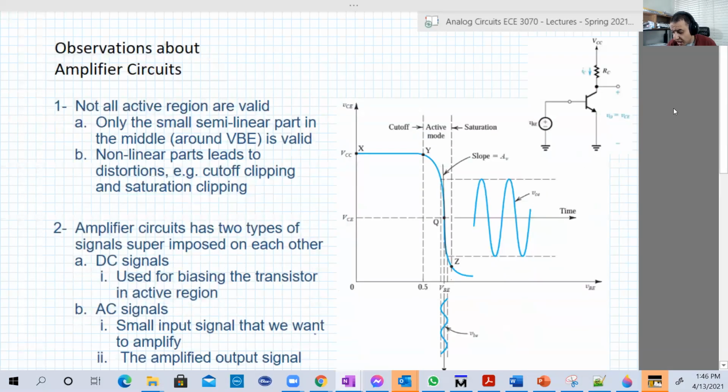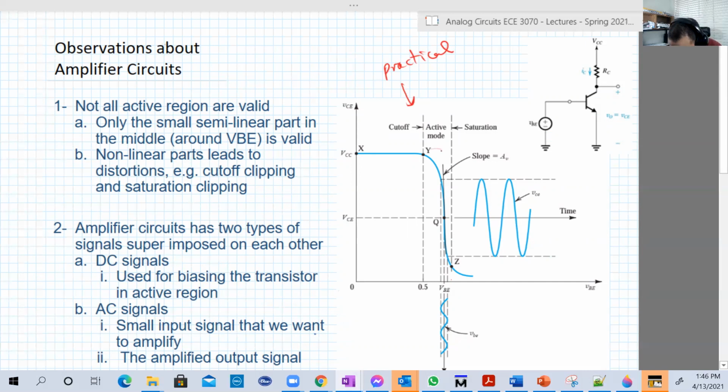Today we're going to discuss some very important observations about the practical transfer characteristics. The ones that we plot and I just showed you are good for understanding some things, but this is a practical one, in which you don't have such sudden transitions between regions.